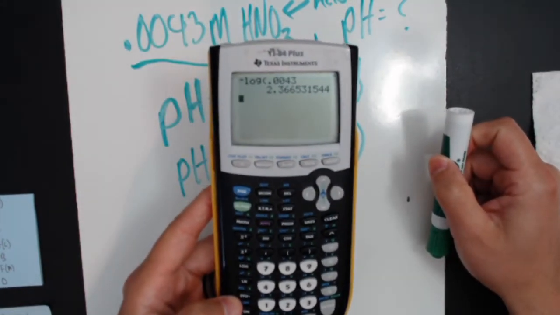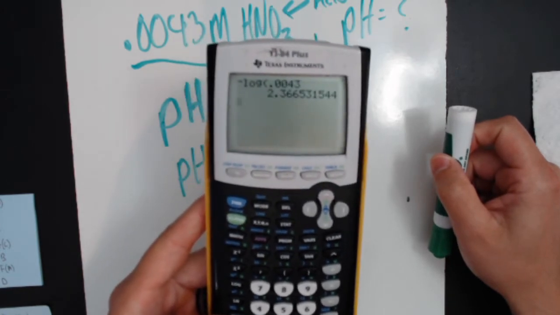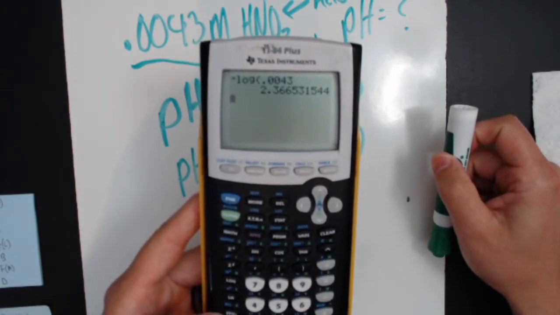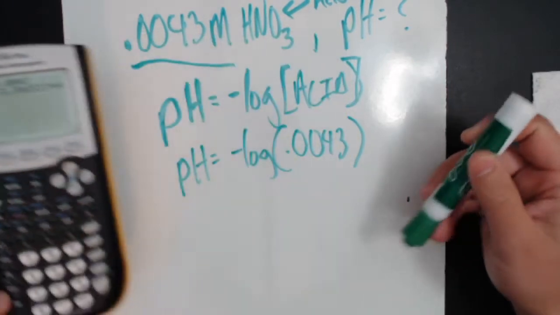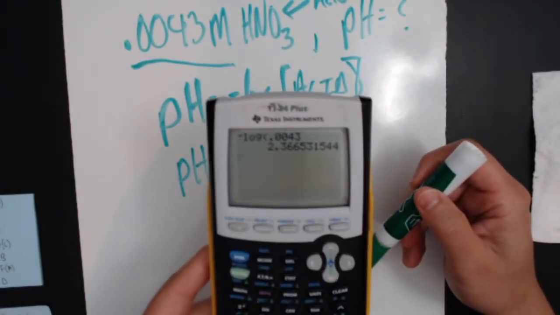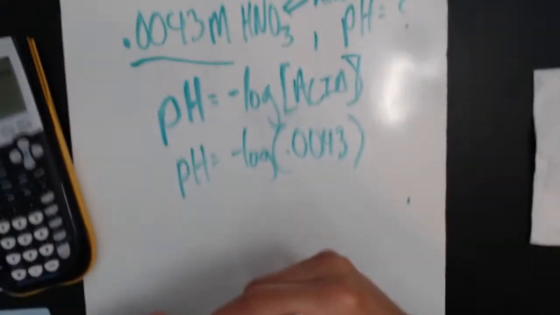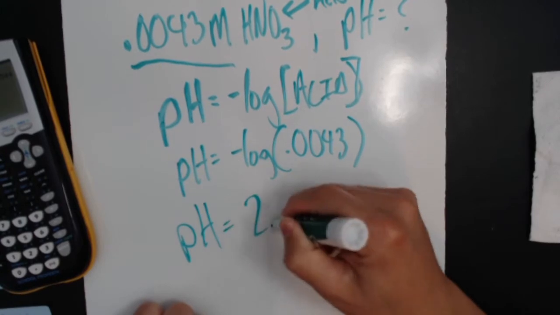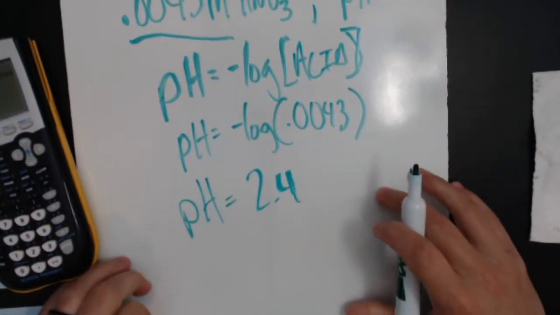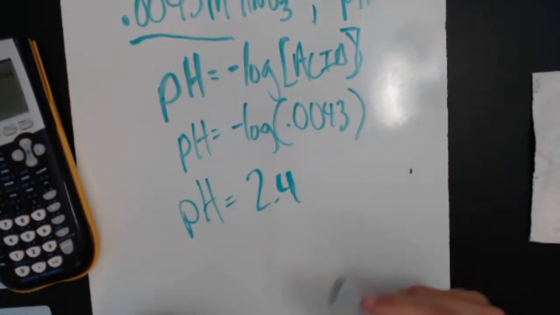We have 2 sig figs here, so I'm going to round my answer to 2 sig figs. If you rounded this 2.37, I wouldn't take off for that, but I'm going to say my final answer is 2.4. pH is 2.4. There you go. It's that simple.